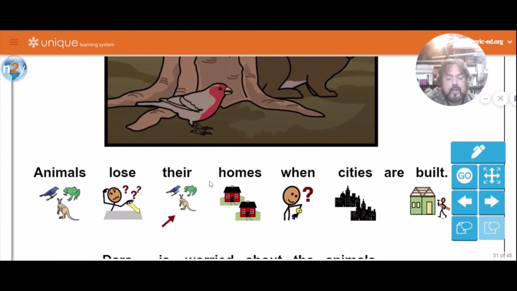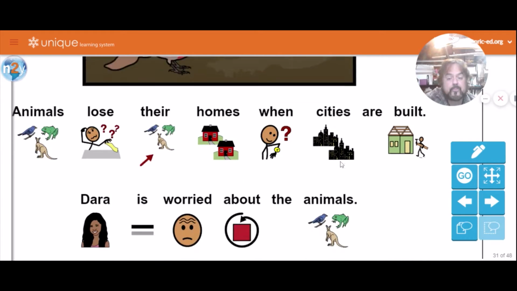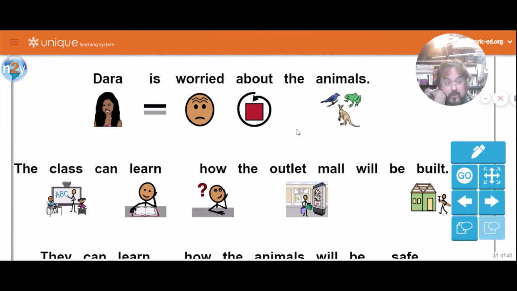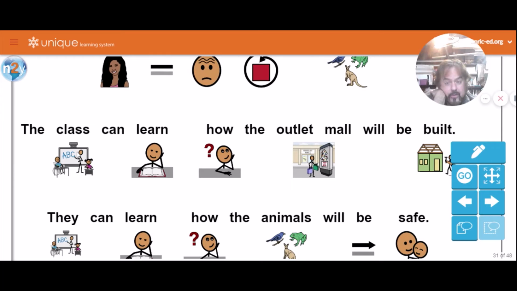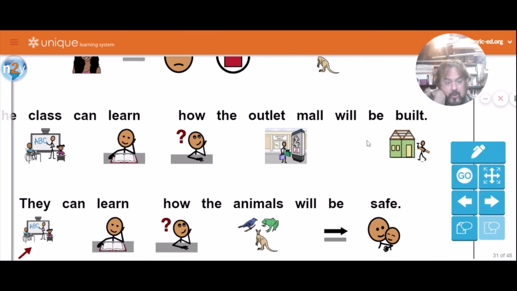Okay, animals lose their homes when cities are built. Dara, one of the young ladies from one of the previous stories, is worried. She's worried about the animals, and rightly so. Her class can learn how the outlet mall, how a shopping mall will be built.